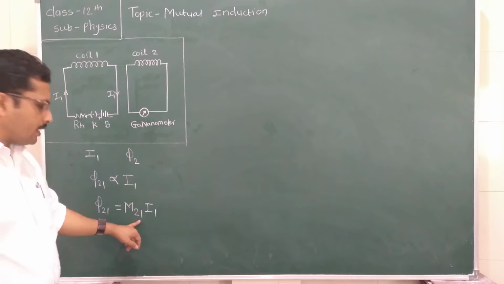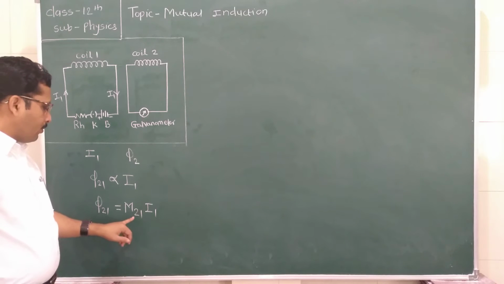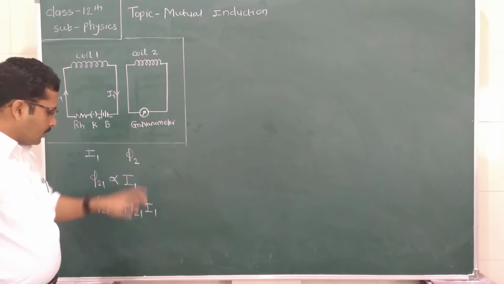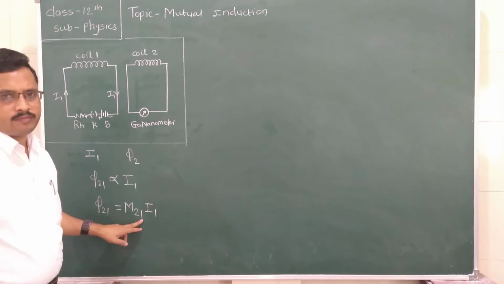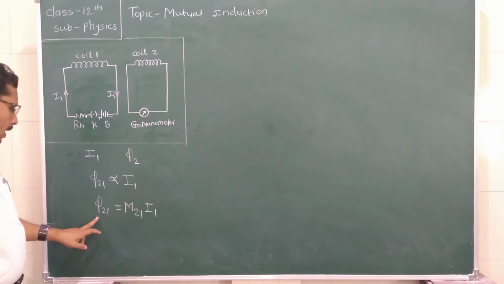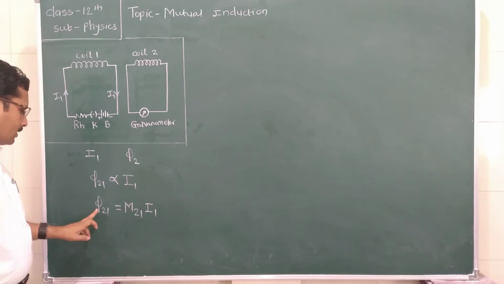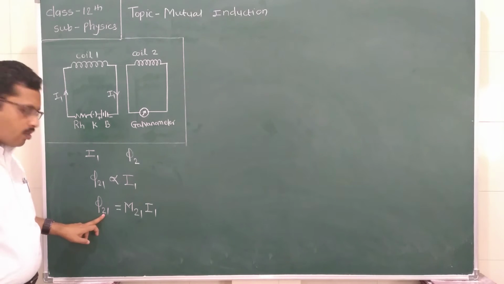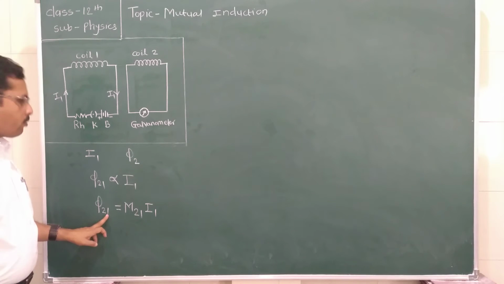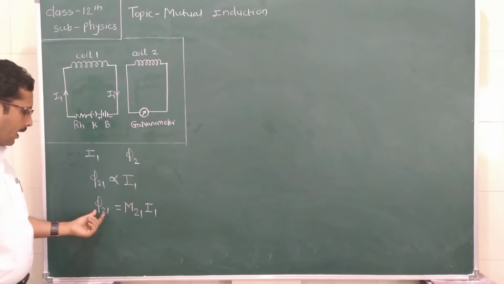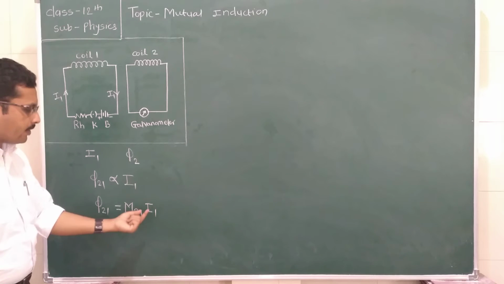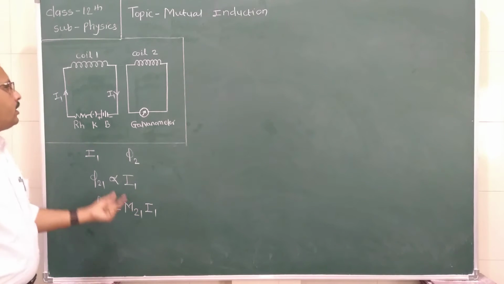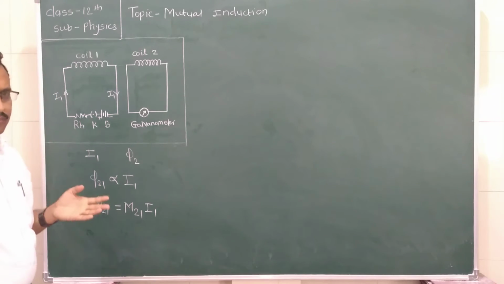This M21 is the mutual induction produced in the second coil due to the first coil. And what is phi 21? This is the magnetic flux passing through the second coil due to the current flowing in the first coil. So phi 21 is equal to M21 multiplied by I1, where I1 is the current flowing through the first coil.